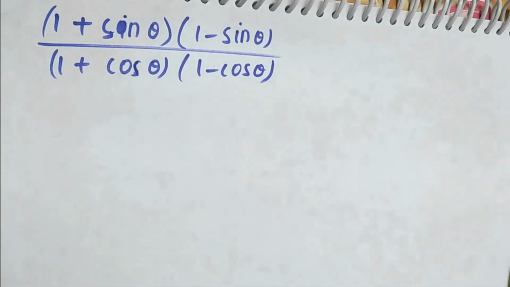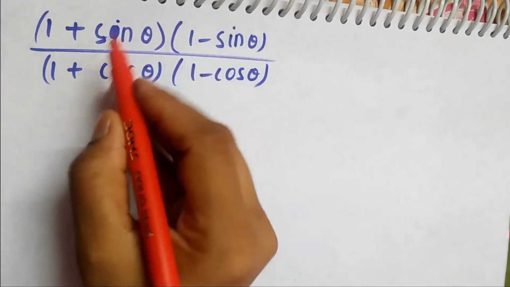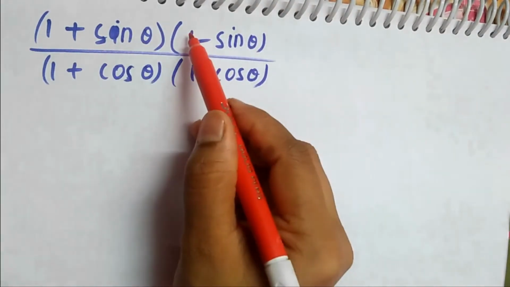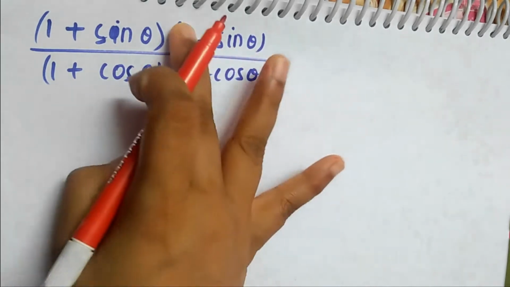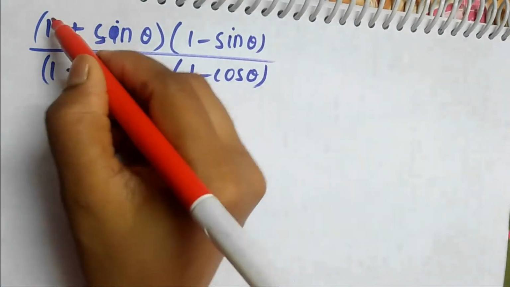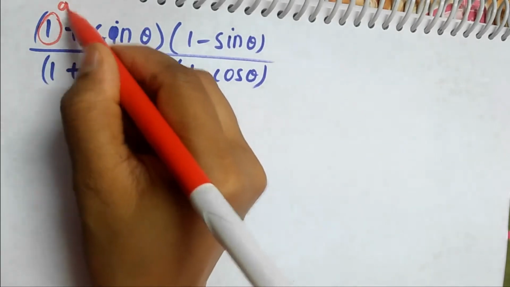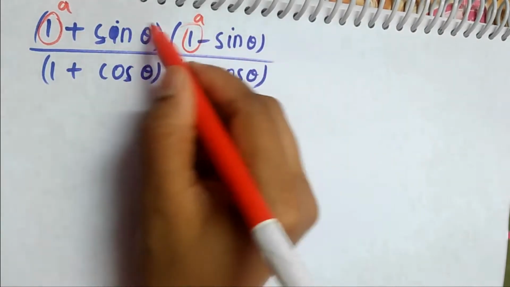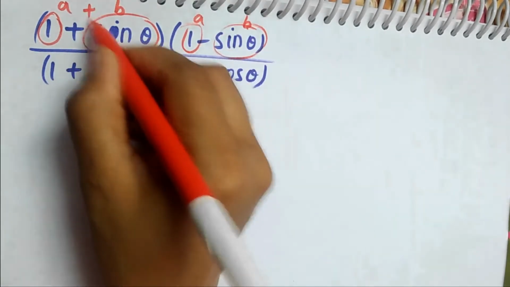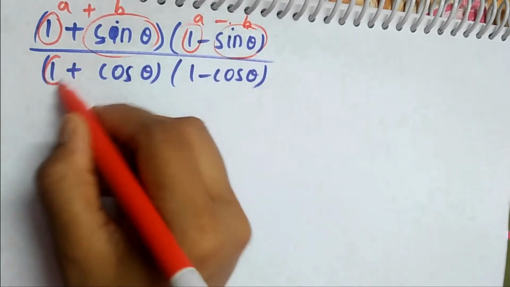Now if we closely see, it is in the form of a plus b into a minus b, right? Both the numerator as well as the denominator are in that form. This is a, this is b, this is plus and this is minus. The same thing applies here.